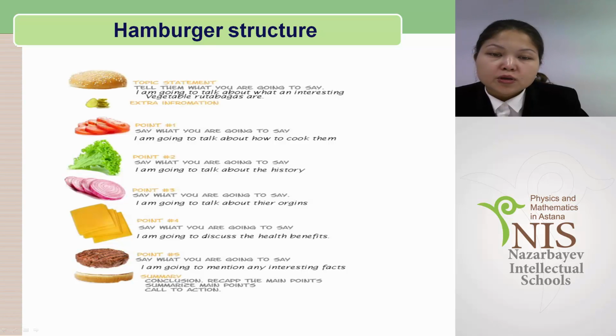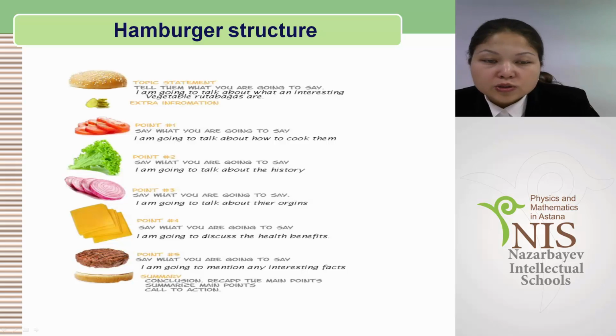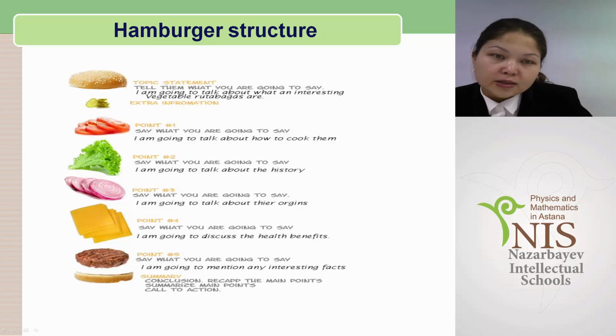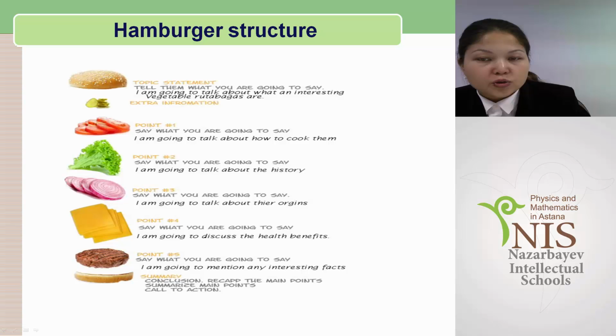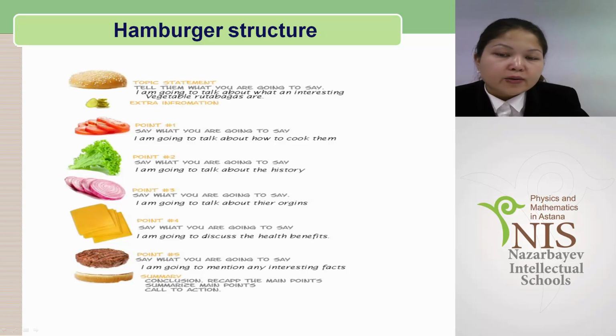Point 2. You need to talk about what you are going to say about this in this stage. So you can talk about the history. Point 3. You need to talk about their origins.